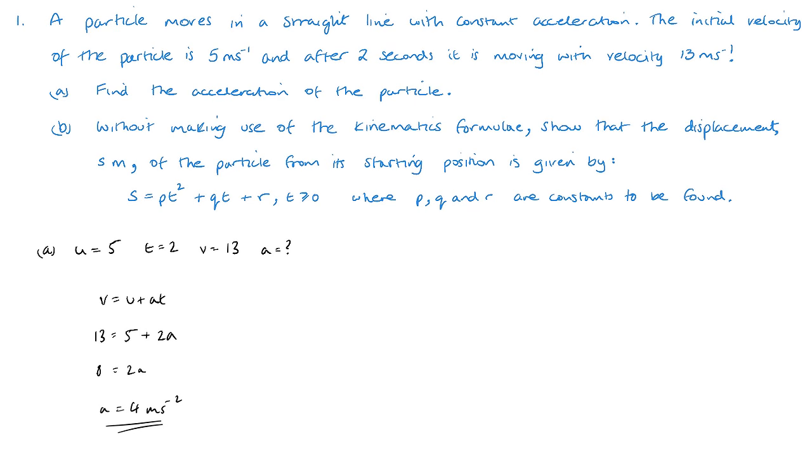Now let's look at part B. Without making use of the kinematics formulae, show that the displacement s of the particle from its starting position is given by this equation, where p, q and r are constants to be found.